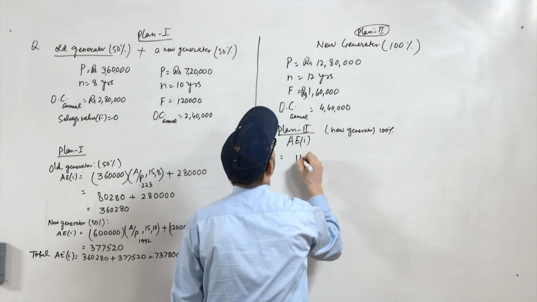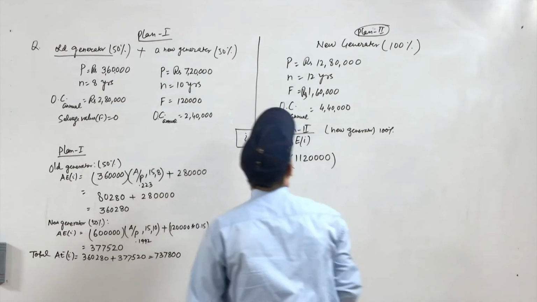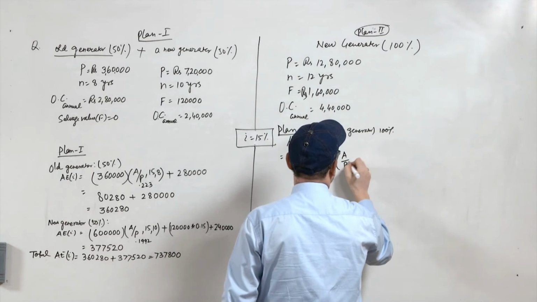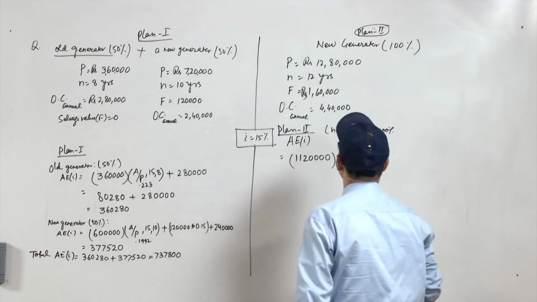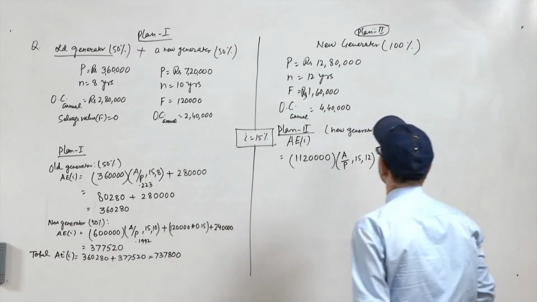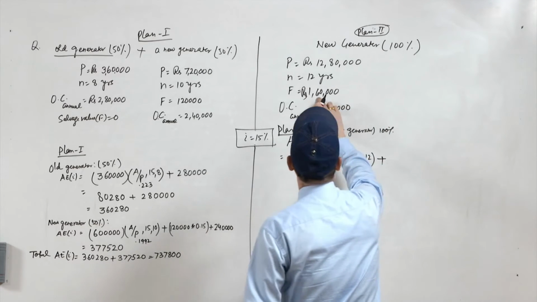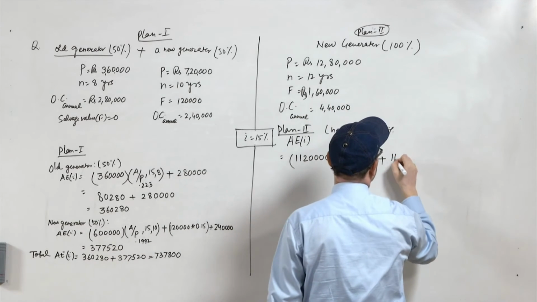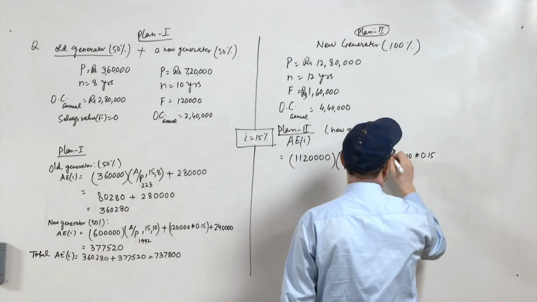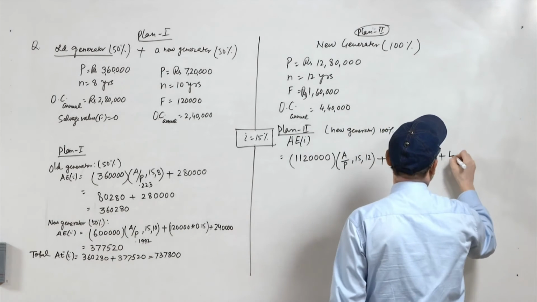So, it will be 11,20,000, P minus F multiplied by A by P I n. So, 15 I and n is here 12 years plus F into I. So, 1,60,000 into 0.15 plus annual operating cost, that is 4,40,000.